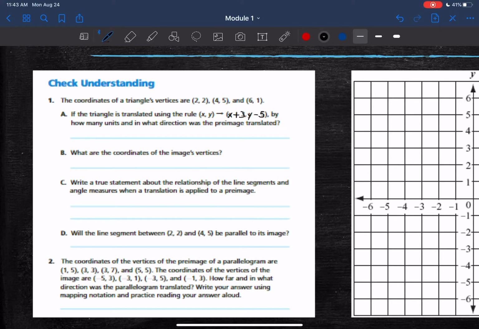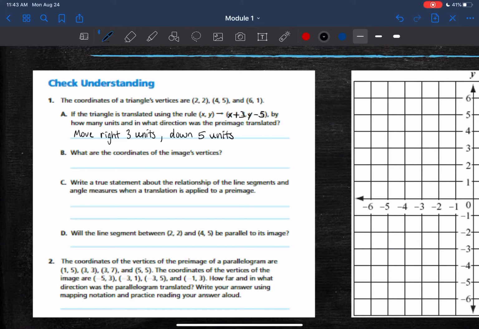So plus 3 to our x is going to tell us move right. Plus 3, it's going to be move right 3 units. And y minus 5 is going to be down 5 units.